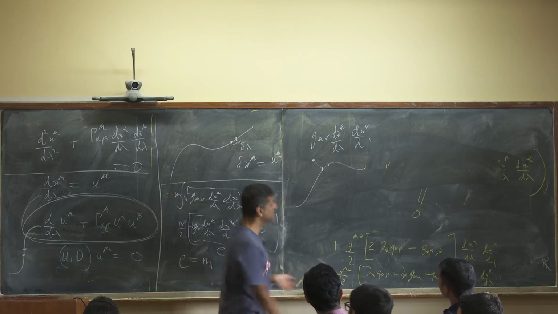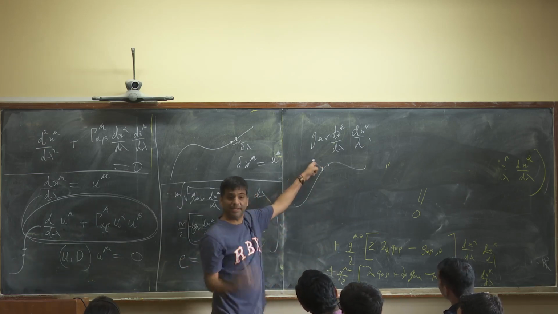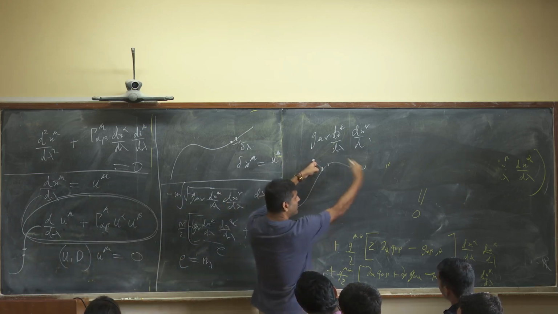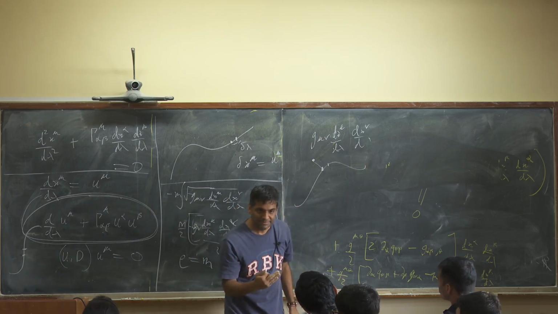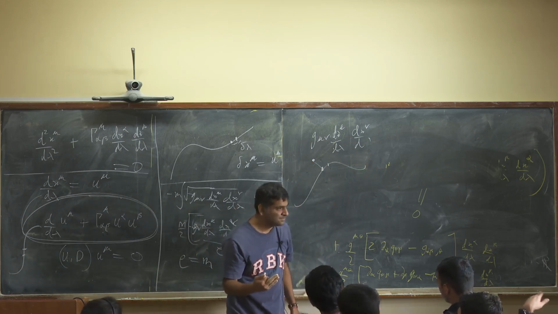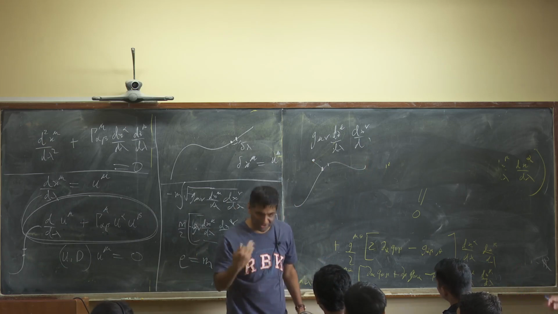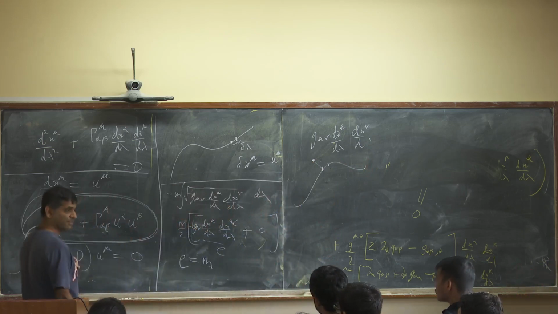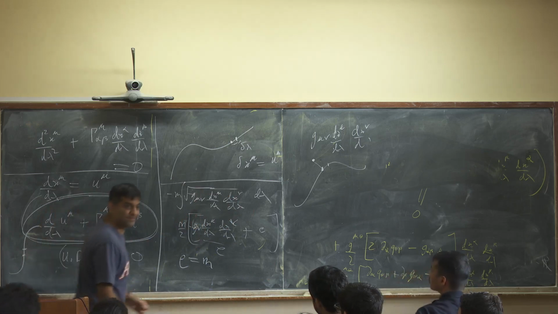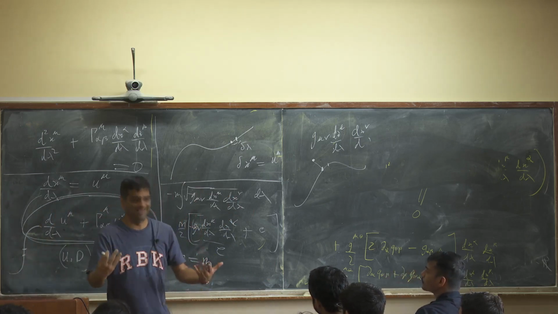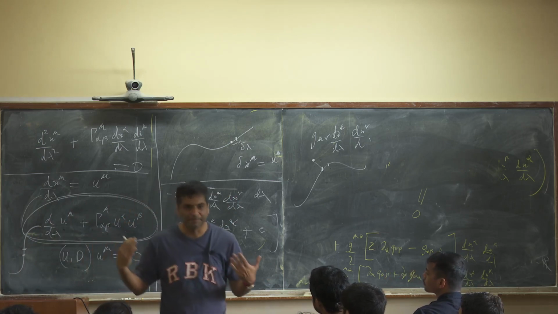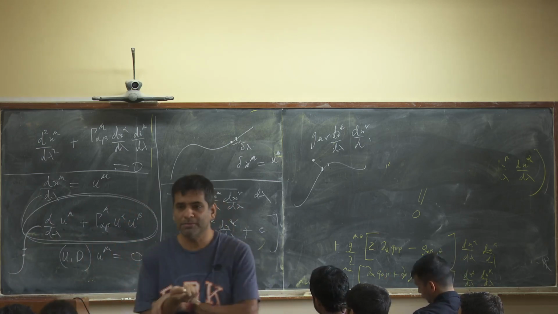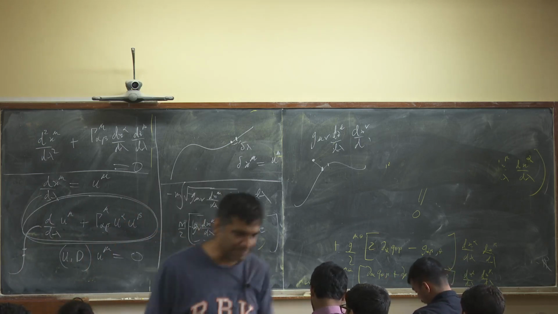Because it's velocity here minus velocity here, but the velocity here means nothing. Velocity is only defined on this trajectory. So we project onto the trajectory, because that is the only covariant derivative of velocity that is meaningful. Is this clear? Anything else will be confusing.